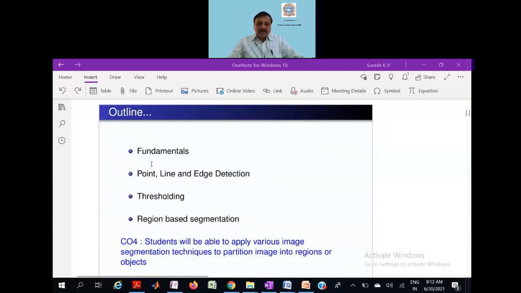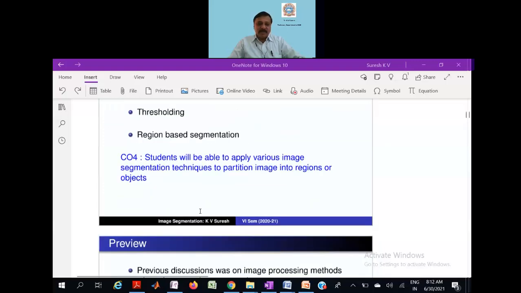As I said, there are some fundamentals to be discussed in terms of what we mean by image segmentation and what the different methods of doing it are, how we can detect points, lines, edges, and how we can use thresholding to convert an image into, maybe, the foreground and the background. And there is a method called region-based segmentation. We will discuss this in detail.